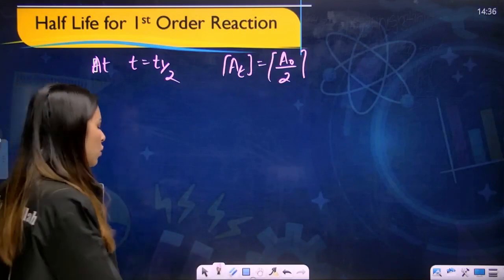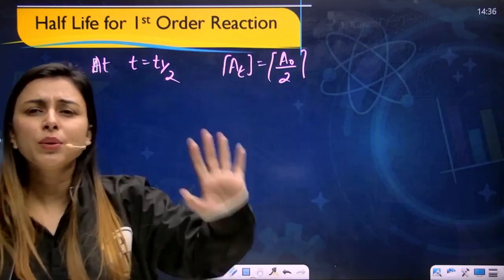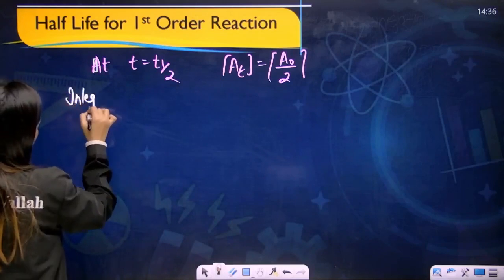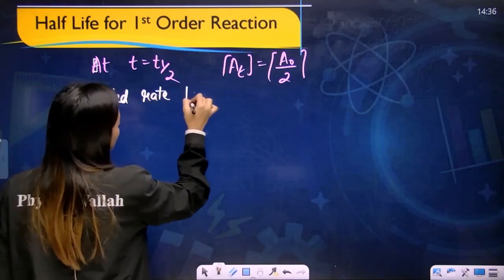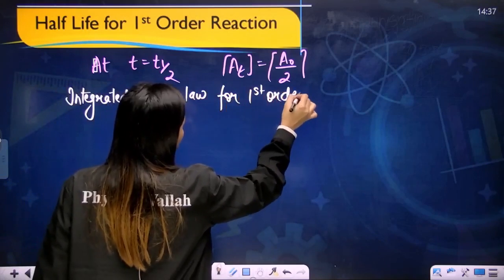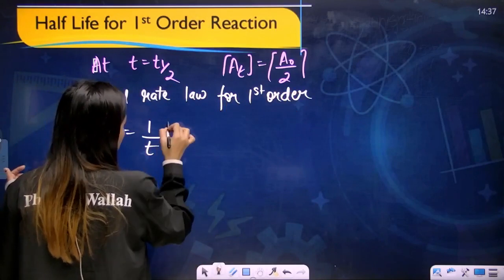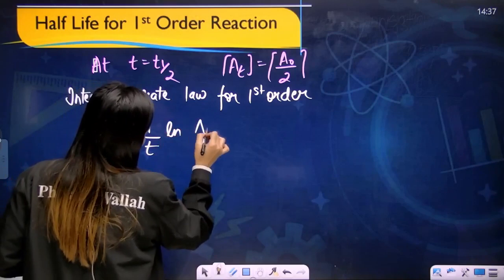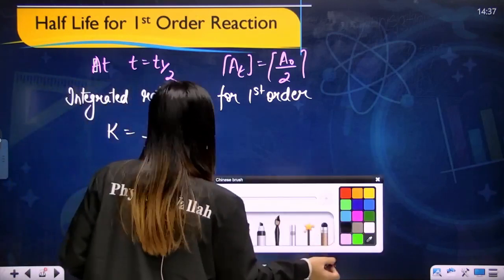Okay. So now we'll be using the integrated rate law of the first order reaction exactly like we used in the zero order. So the integrated rate law for first order tells you that k is equal to 1 upon t ln A naught upon At, right? Yes. So let's just cross multiply it.